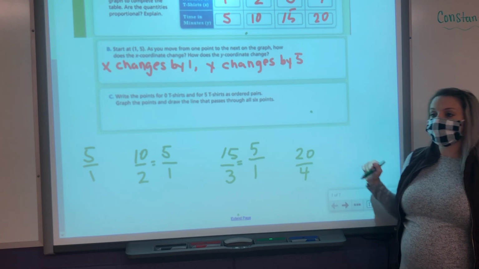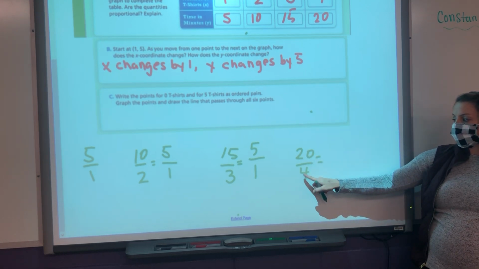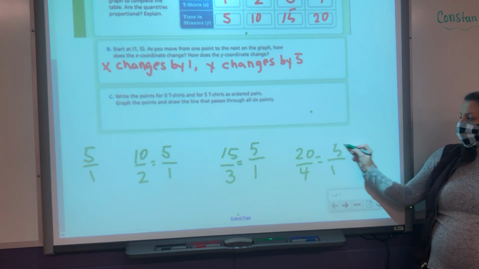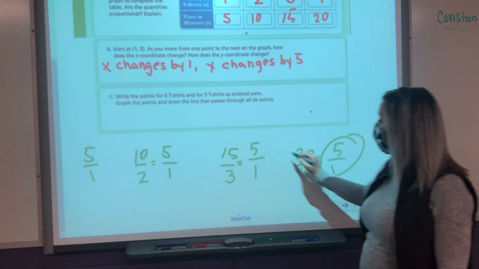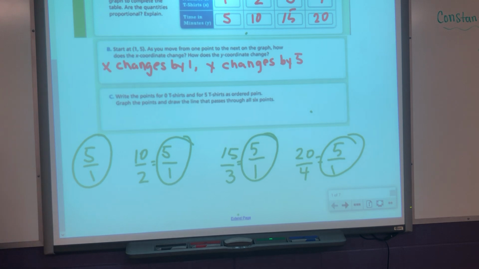Are we proportional? 20 divided by 4, so 4 divided by 4 is 1. 20 divided by 4 is 5. Are we proportional? We're proportional because all of these are equal to one another.